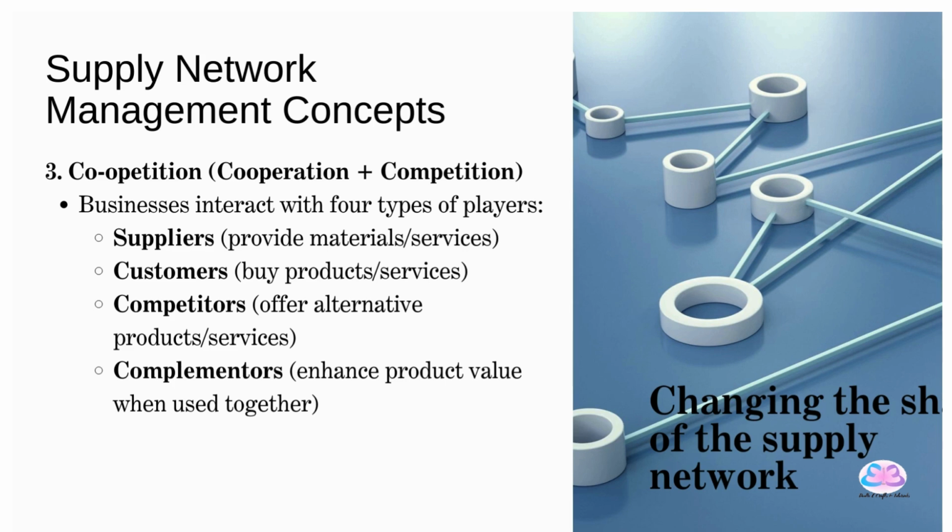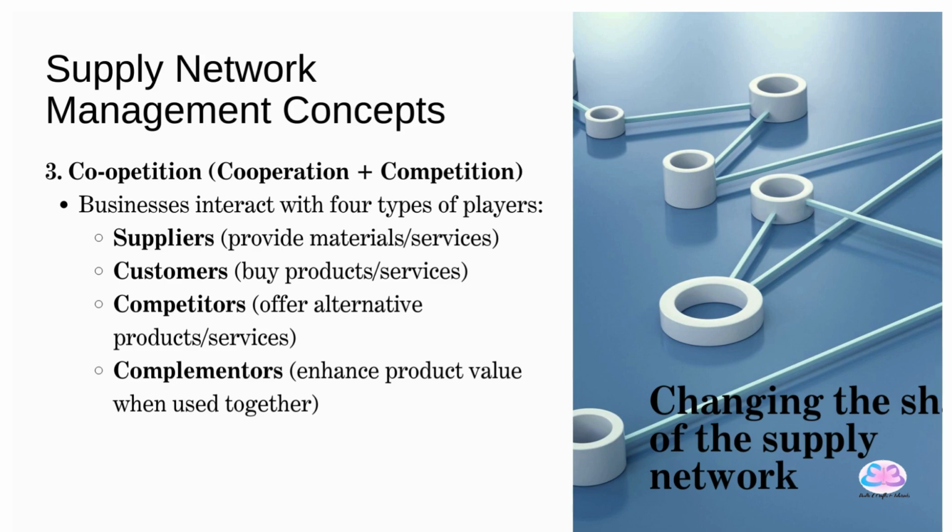Now, why is coopetition important? It is important because it promotes innovation, improves efficiency, and expands market opportunities. Companies that strategically balance cooperation and competition can achieve long-term growth and success.